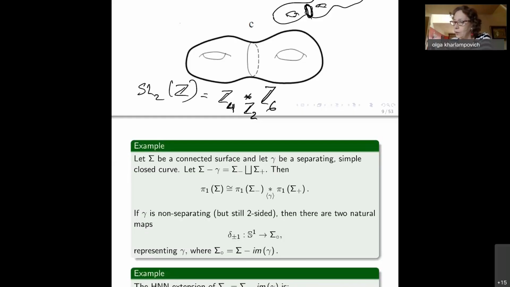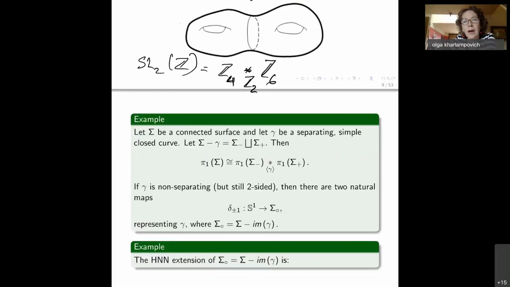And again, one of the general examples is two connected surfaces glued along a separating simple closed curve. Then the fundamental group of the surface is an amalgamated product along the cyclic group corresponding to this curve.